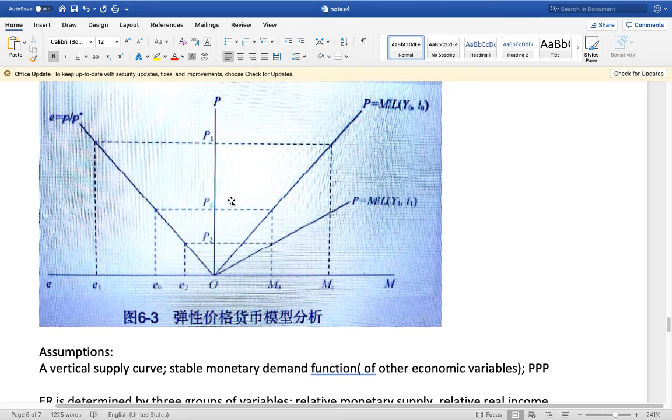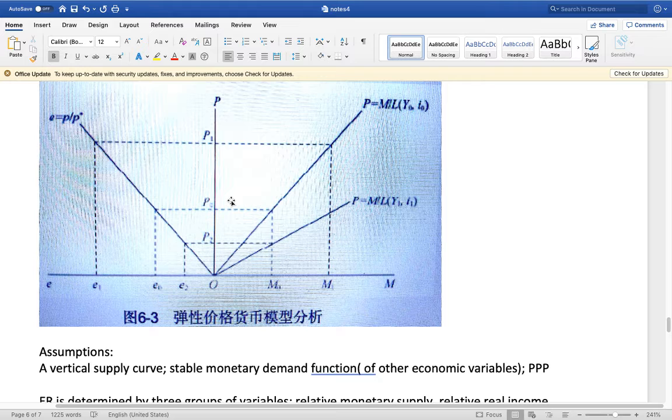The monetary supply changes. In the first condition, on the right side of this chart, maybe you cannot see, but I can show you in this chart.